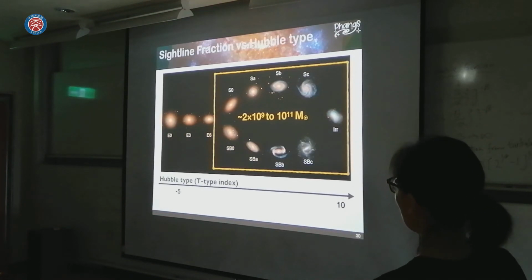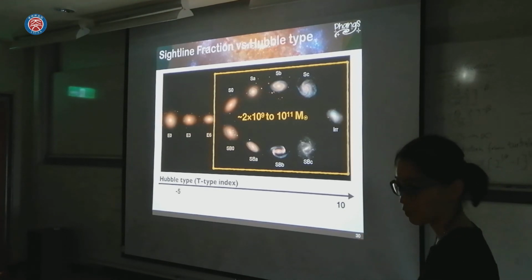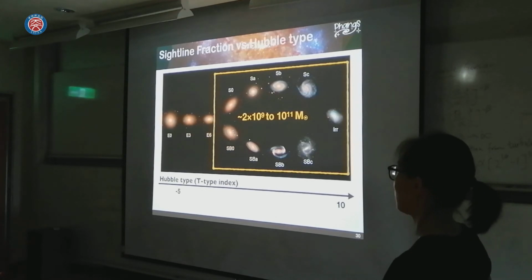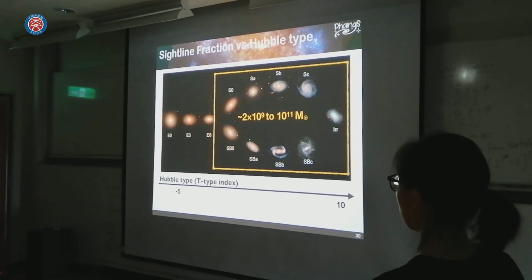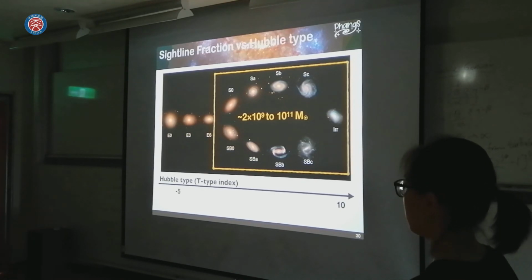So first of all, we want to plot the different types of sightline fractions as a function of galaxy morphology. So we use this T-type index to indicate the morphology. The higher the number, the later the morphology.